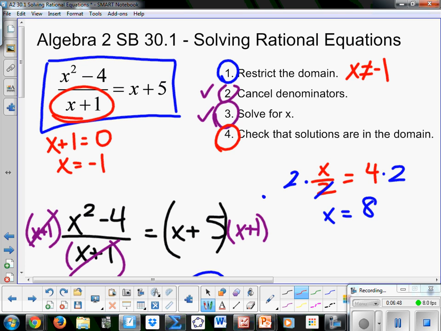It's like looking for extraneous solutions when we were solving square root equations. We have to check that the solutions are in the domain. So this value up here that we restricted, we have to make sure that the solution we got isn't that value, because otherwise we already determined that that can't be part of our domain. That can't be a solution if it's not part of our domain.